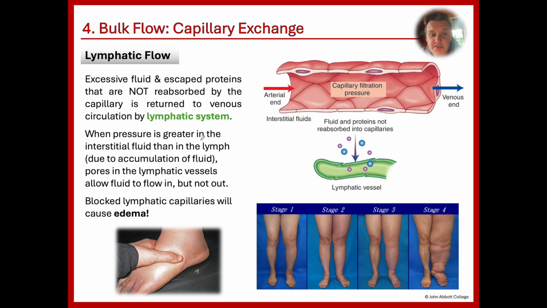So when the pressure is greater in the interstitial fluid over here compared to the lymph over here, due to an accumulation of fluid in the interstitial fluid, the pores of the lymphatic vessels, these little pores, they allow fluid in, but not back out. It's a one-way valve. So they go back into the lymphatic vessels and they go around and they get drained back into the circulatory system eventually.